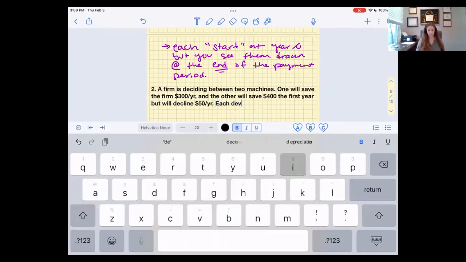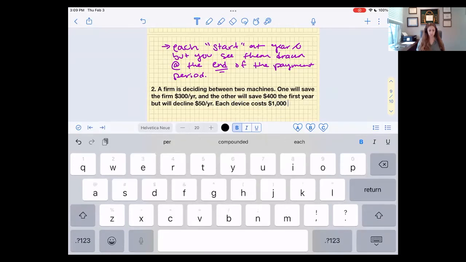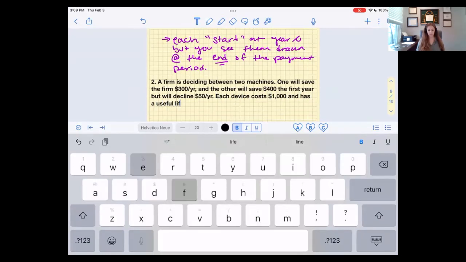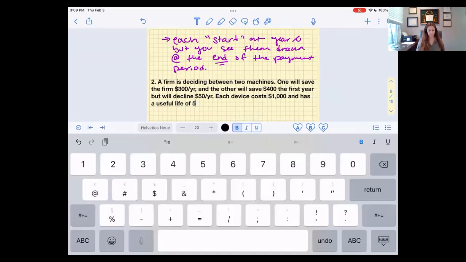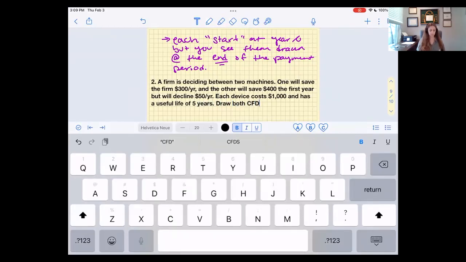Each device costs $1,000 and has a useful life of 5 years. Draw both cash flow diagrams.